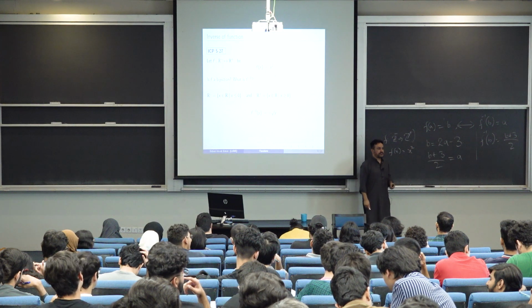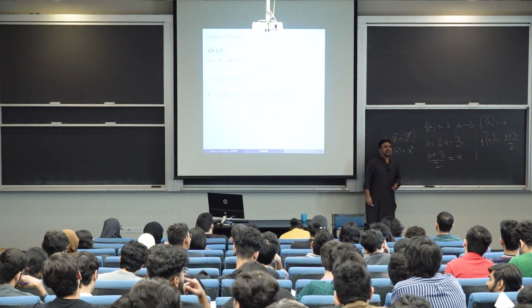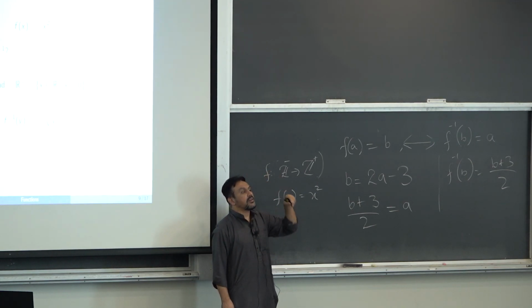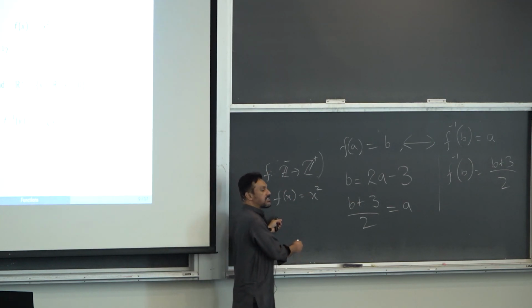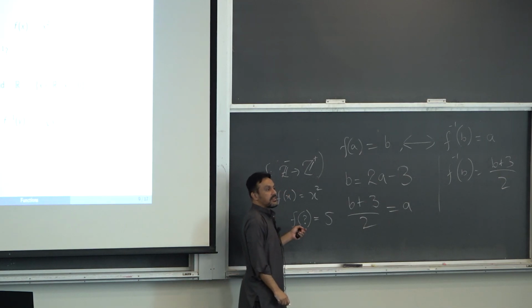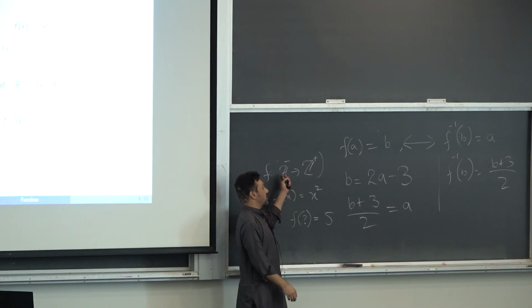Is this function onto? Why not? 5 is not a perfect square. Yes, because 5 does not have a pre-image. Nothing is mapped to 5, right? There is no integer square root of 5. Negative square root of 5 is not an integer, right?